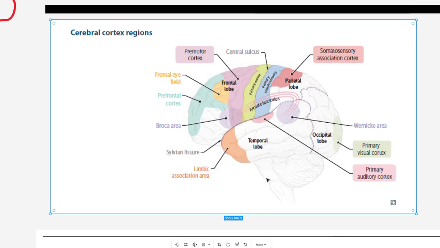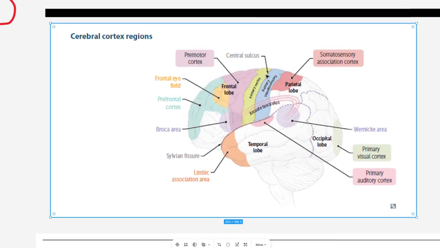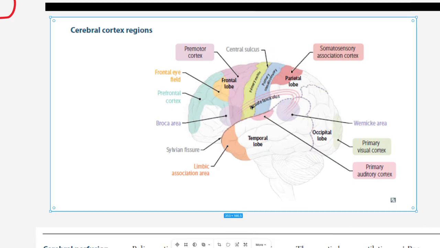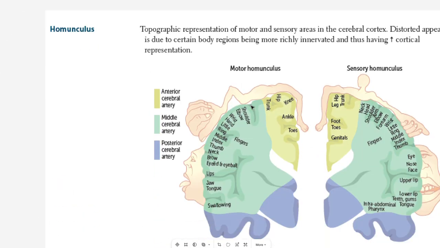The motor and sensory homunculus are basically these regions of the brain. The primary somatosensory cortex is the sensory homunculus, and the primary motor cortex is the motor homunculus. Let's go here and try to understand what I'm saying.